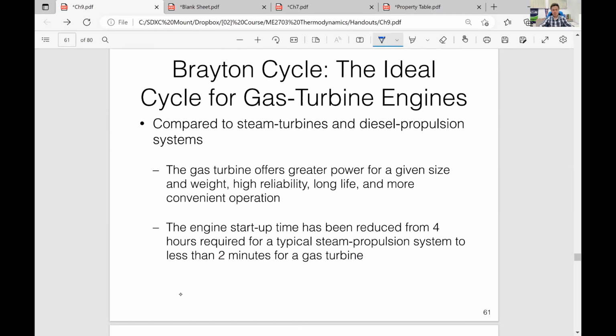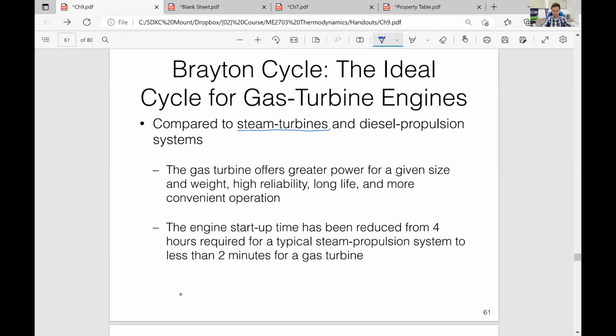Compared to steam turbines and diesel propulsion systems, the gas turbine offers greater power for a given size and weight, high reliability, long life, and more convenient operation. We didn't talk about steam turbines. This is part of chapter 10, okay?